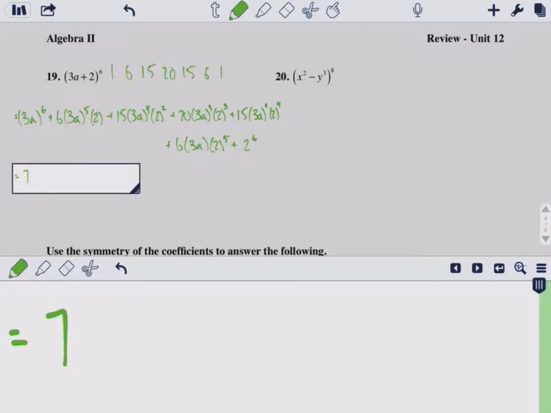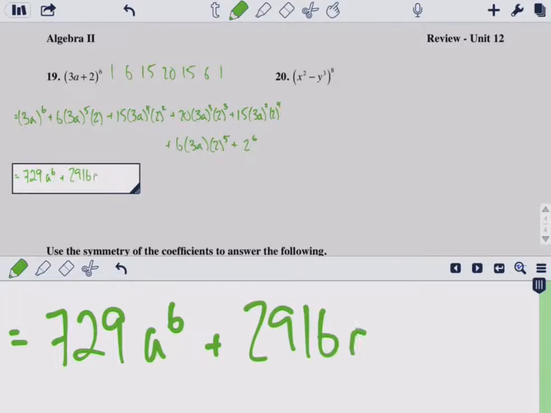Okay. 729a to the sixth. Plus 6 times 243 times 2, 2,916a to the fifth.